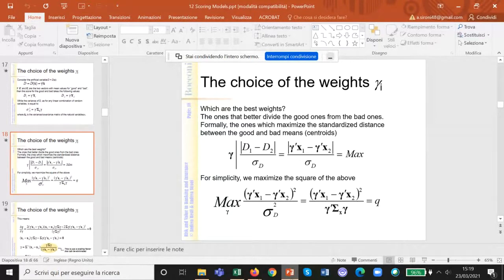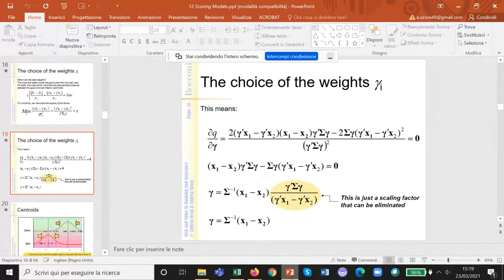Therefore, we have to maximize this value Q. And if we derive that, we can find out that the result, you can see that in the bottom line, in terms of the vector of the weights, the gamma vector, which is what we are interested in, is the inverse of the variance covariance matrix multiplied by the difference between the vector of the values of the variables for the good companies and the vector of the variables for the bad companies, okay?